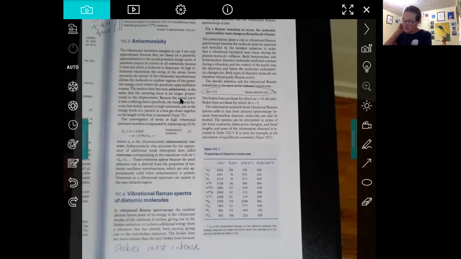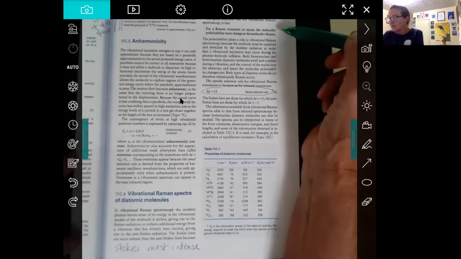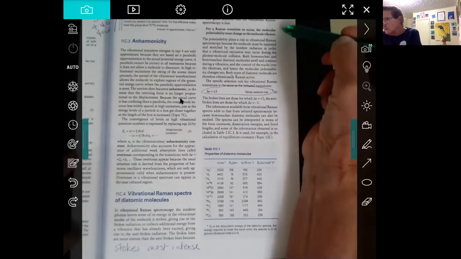Stokes is going to be the most intense because you really don't start with anything in V equals 1 or anything higher where you could give energy back to the radiation. But Raman spectroscopy lets you do molecules that you can't necessarily do with absorbing photons in the infrared.